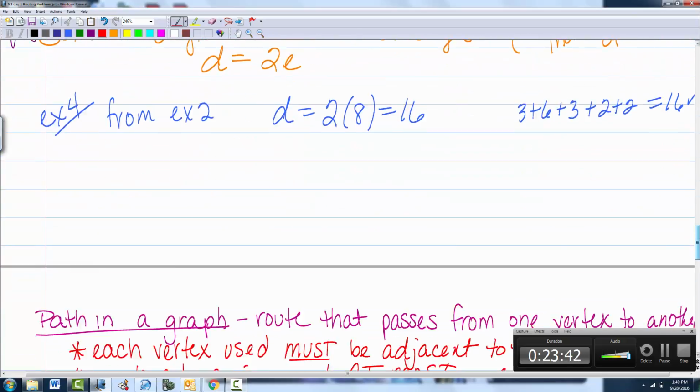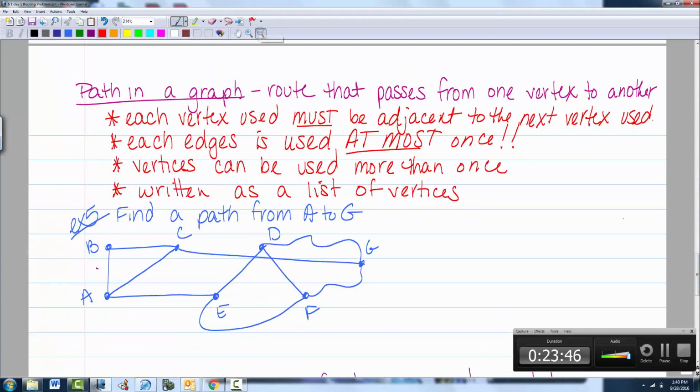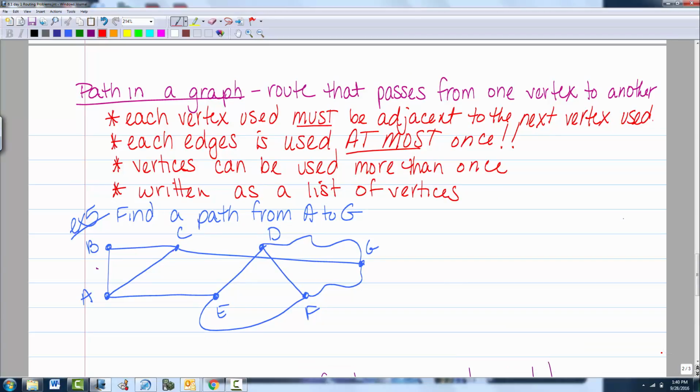Then here's the last thing. This is the last one, though, folks. We're fine. Okay, go ahead and take this down, and then we'll explain it. A path in a graph, or a path in a networking situation. I'm trying to talk about our computer situation. A route that passes from one vertex to another.